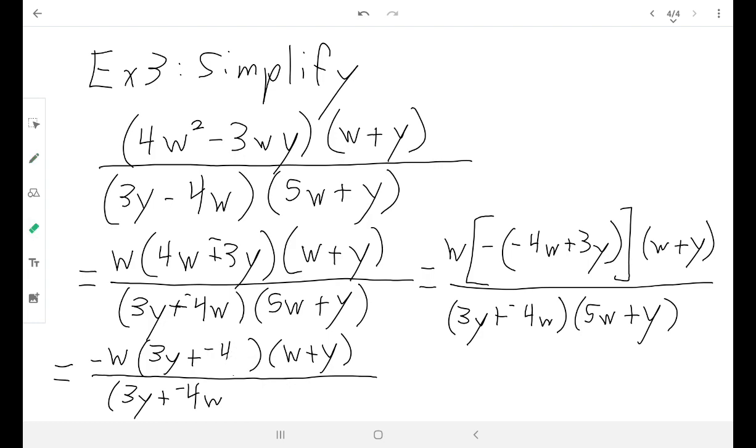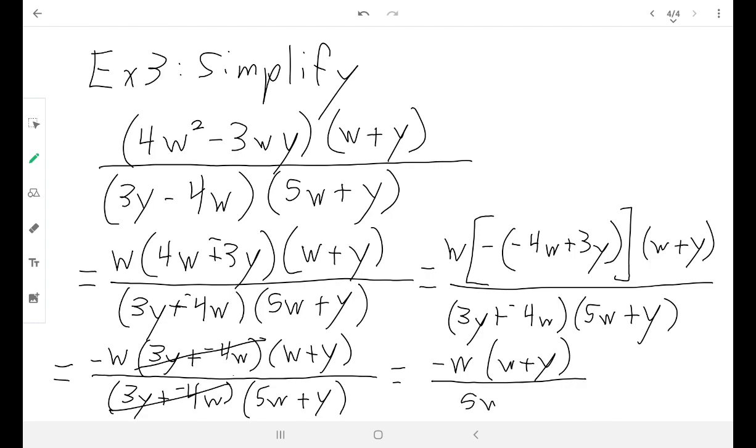It needs to be negative 4w times 5w plus y. And then, of course, these two would cancel, and you'd have negative w times w plus y over 5w plus y, the parentheses no longer being necessary there in the bottom.